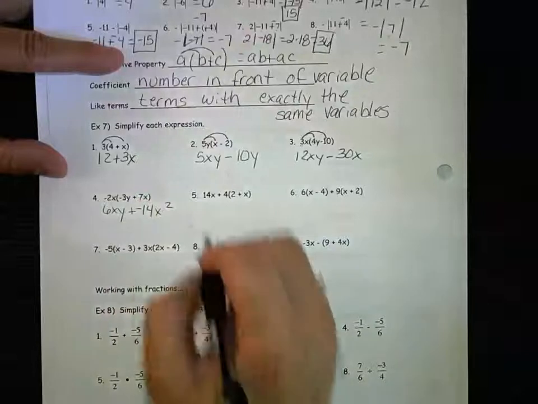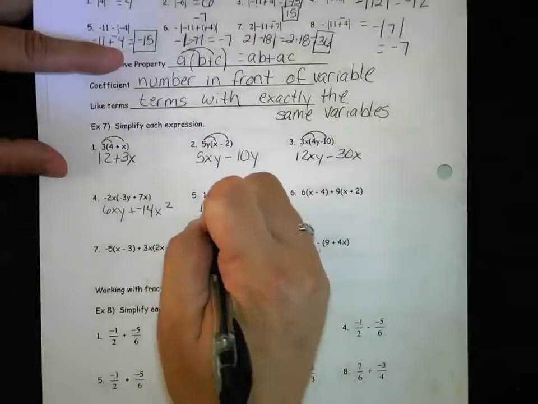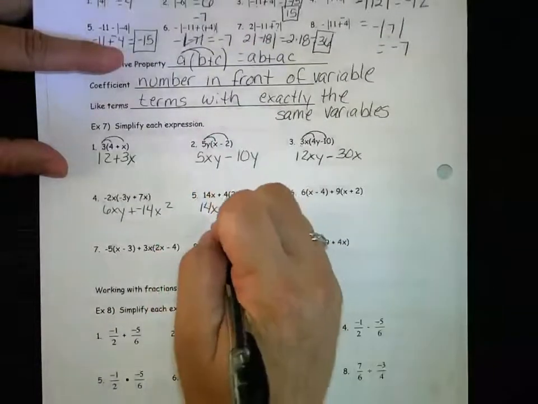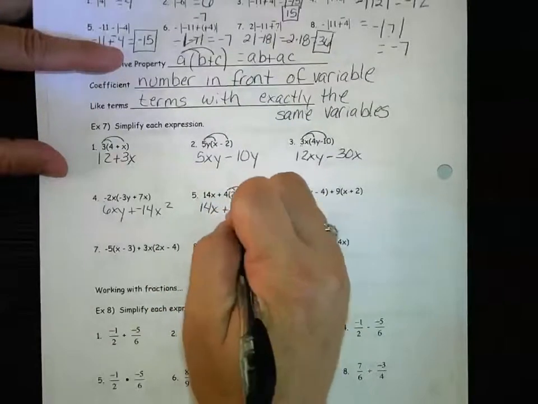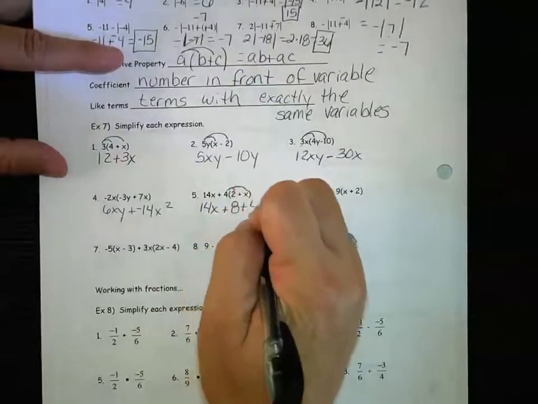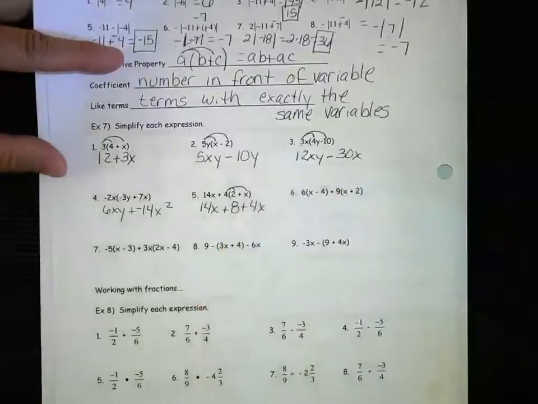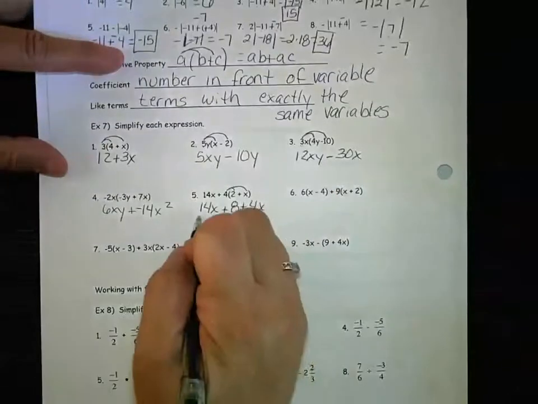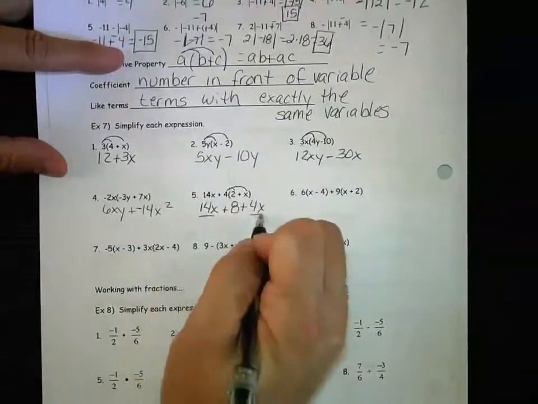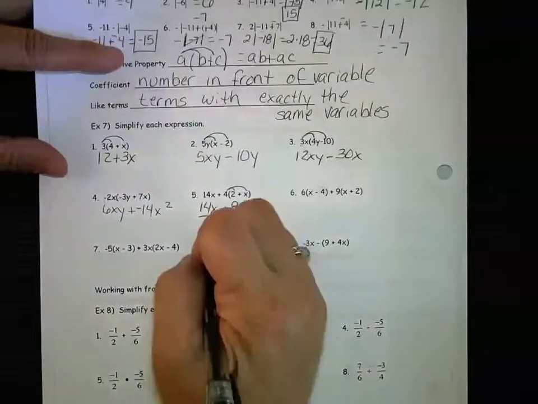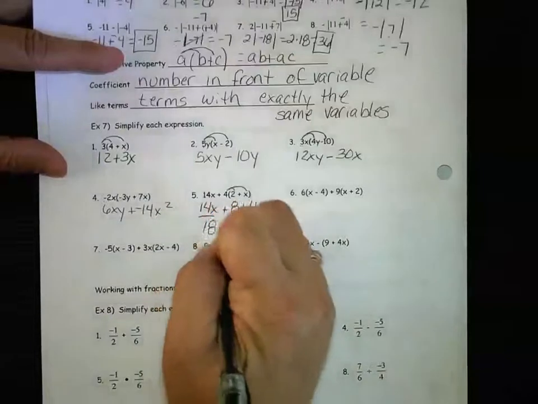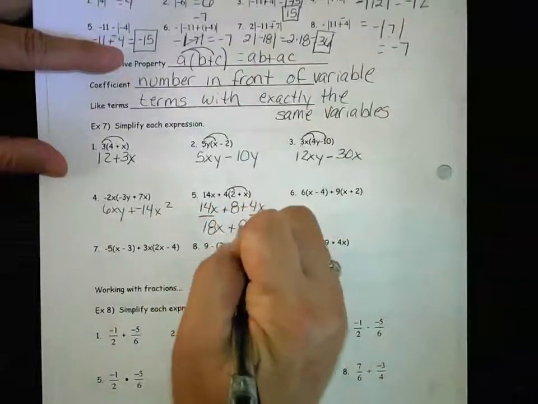Number 5, the 14x is not in the distribute. And now as you distribute, you have an 8 plus a 4x. These two terms have exactly the same variables, so those two things can be added together. So we have 18x plus 8.